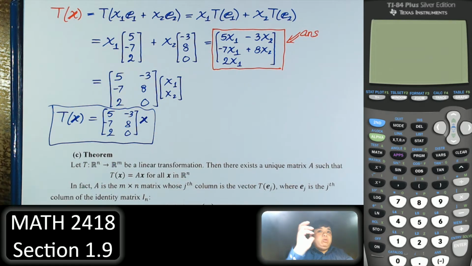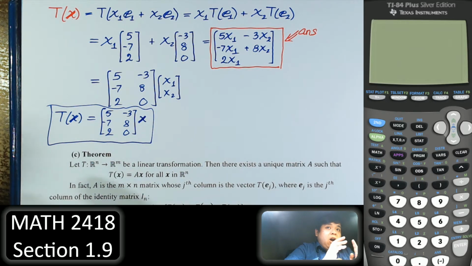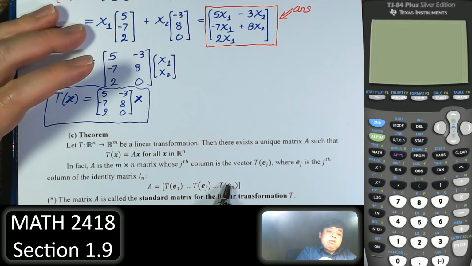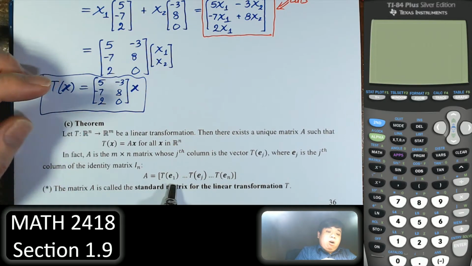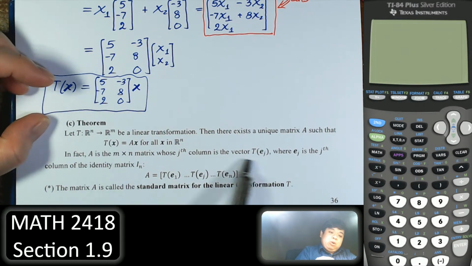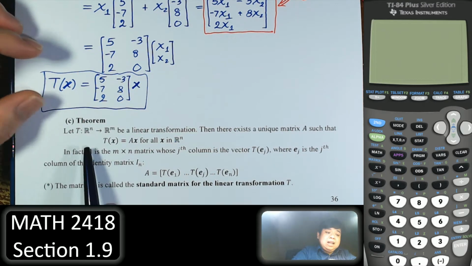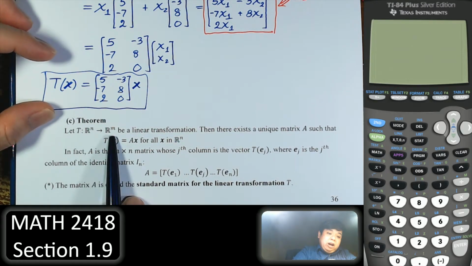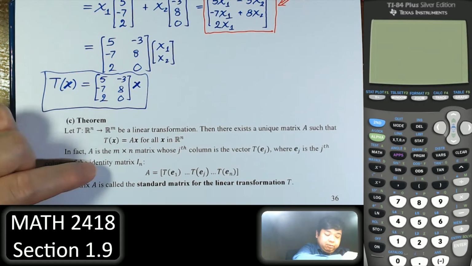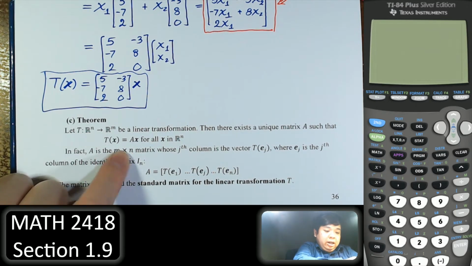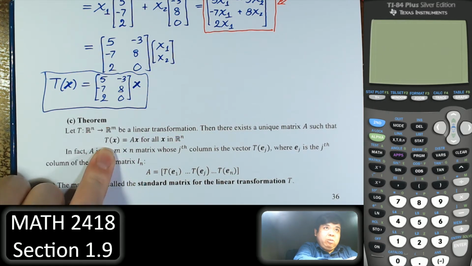So if we want to find the matrix corresponding to a linear transformation, what we do is just form a matrix where we do the transformation of all of those columns of the identity matrix. So that's what we have here. Theorem: let T from Rn to Rm be a linear transformation, then there exists a unique matrix such that the matrix multiplied by a vector will give the linear transformation of x.